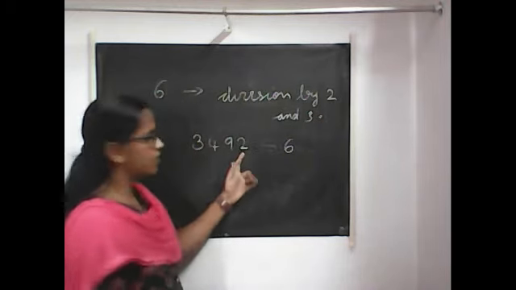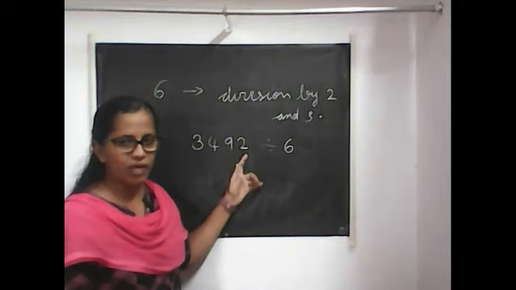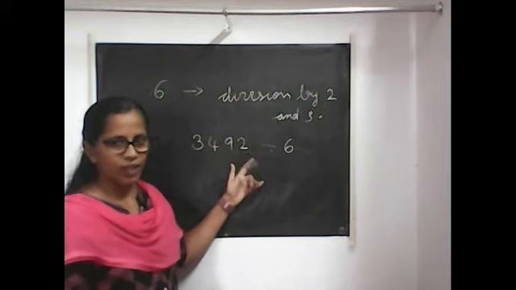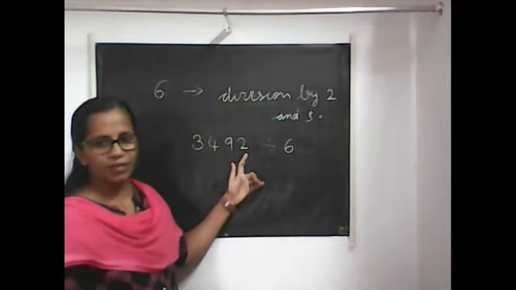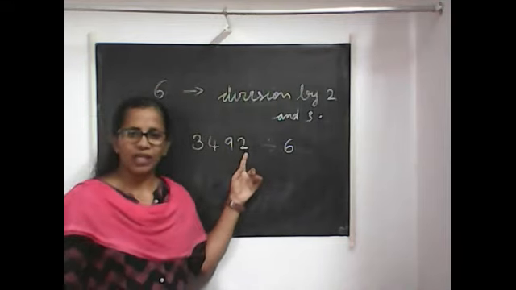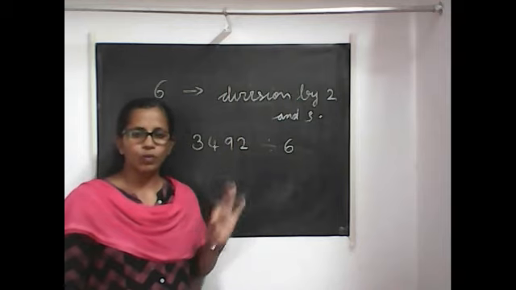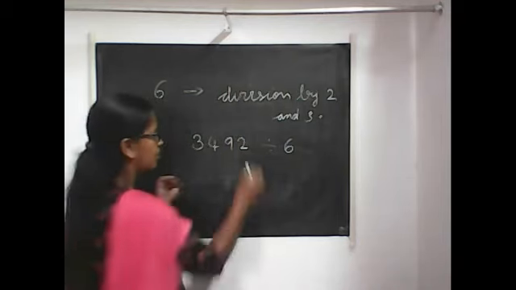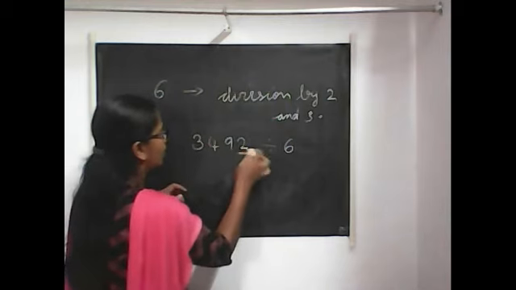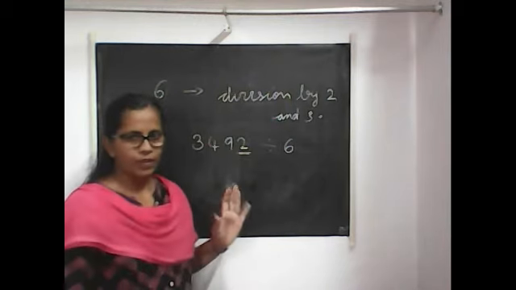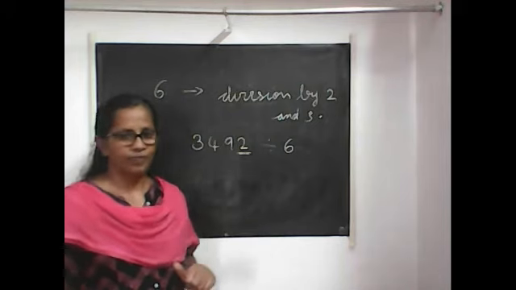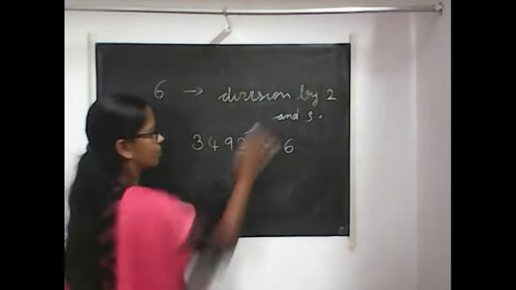What is the divisibility test by 2? Look at the ending number. Whether it is an even number, whether it is ending with 0, 2, 4, 6 or 8. In this question, this is ending by 2. So it is an even number. Therefore, it is divisible by 2.